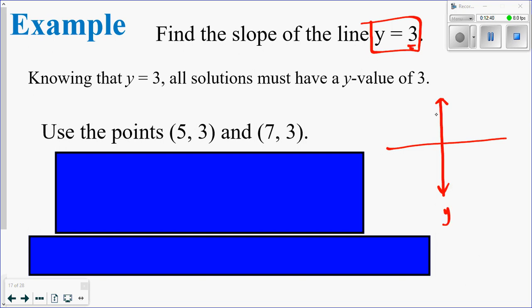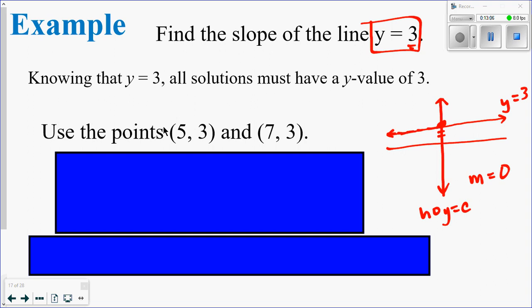We find the number 3 on the y-axis, 1, 2, 3. And you're going to draw a horizontal line through that number. This is y equals 3. Since it's horizontal, we know the slope is 0. So horizontal, slope of 0, y equals some number.